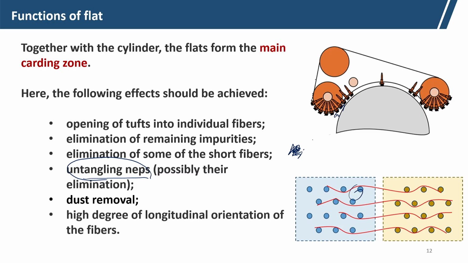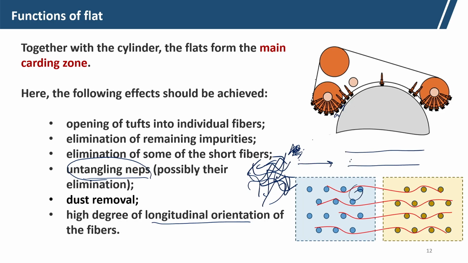And a high degree of longitudinal orientation of fiber is also possible. So, here you will see this is the first process where the tuft, with its multidirectional orientation, gives a fiber with an almost longitudinal orientation, and that is possible in the carding zone.